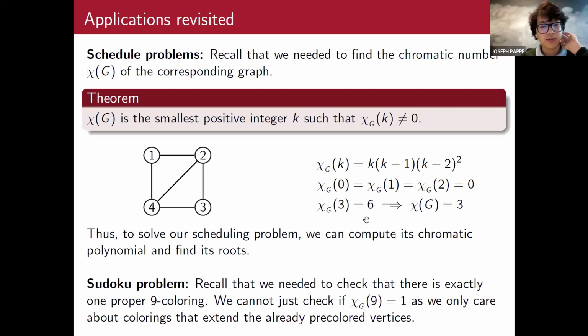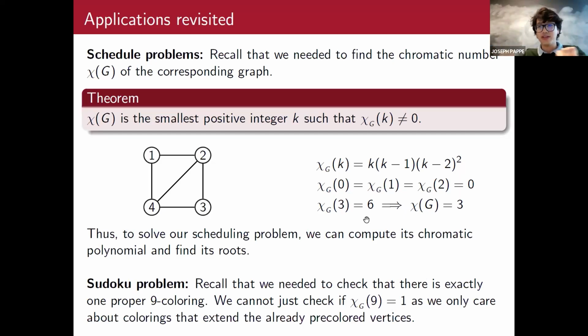So our second application was to the Sudoku problem. And so remember, we needed to figure out whether there's exactly one proper 9 coloring. One would think we could just plug the number 9 into our chromatic polynomial for this graph and then just check if this equals 1. But there's a slight problem, which is that we only care about colorings that extend our already pre-colored vertices.